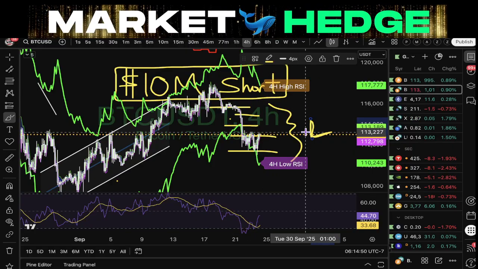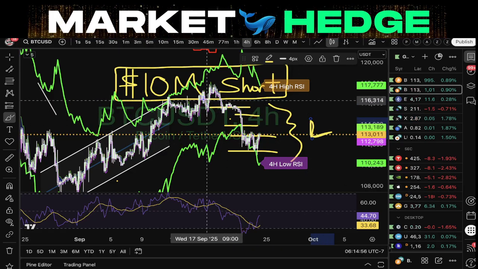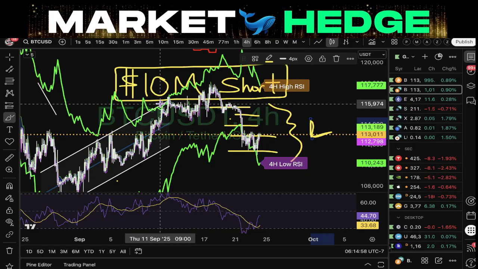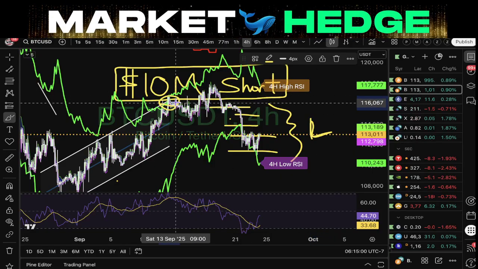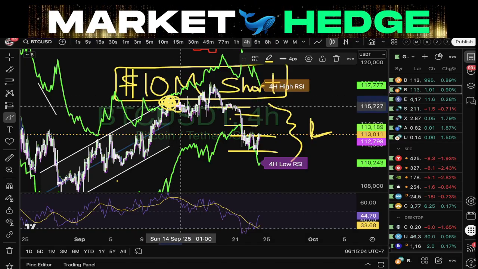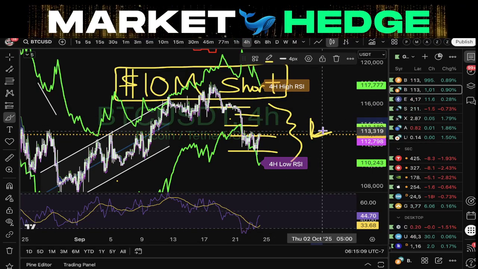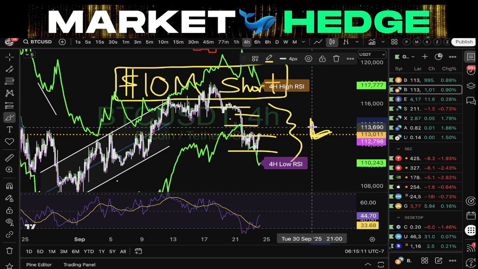Now, if you trade a lot, you already get it. Like, okay, yeah, let's move on. But understand, the $10 million short position that we have secured up and around here would eliminate the risk, and by eliminating the risk, it would still compromise profit.